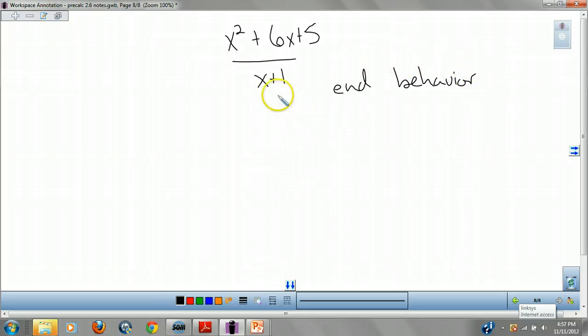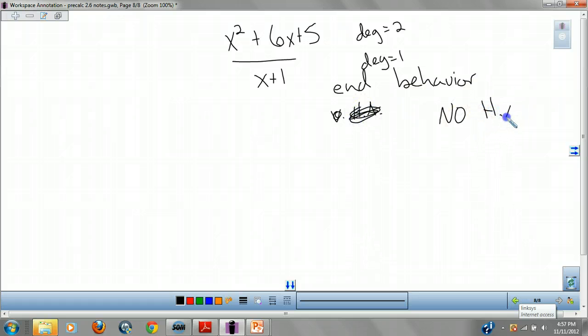So, the degree of my top, that's also known as my horizontal asymptote, is 2. Degree of my bottom is 1. So if my numerator's degree is greater than my denominator's degree, I don't have a horizontal asymptote. So there's none of those.